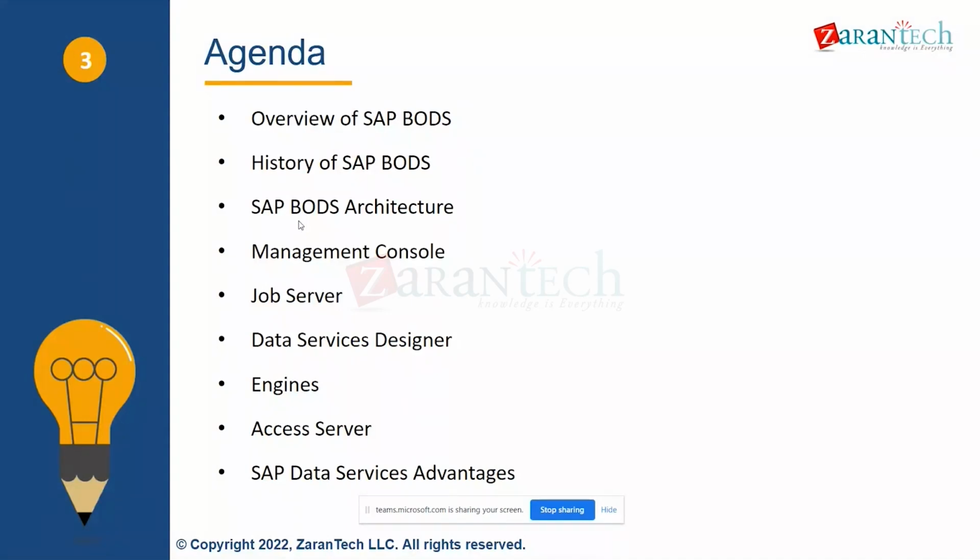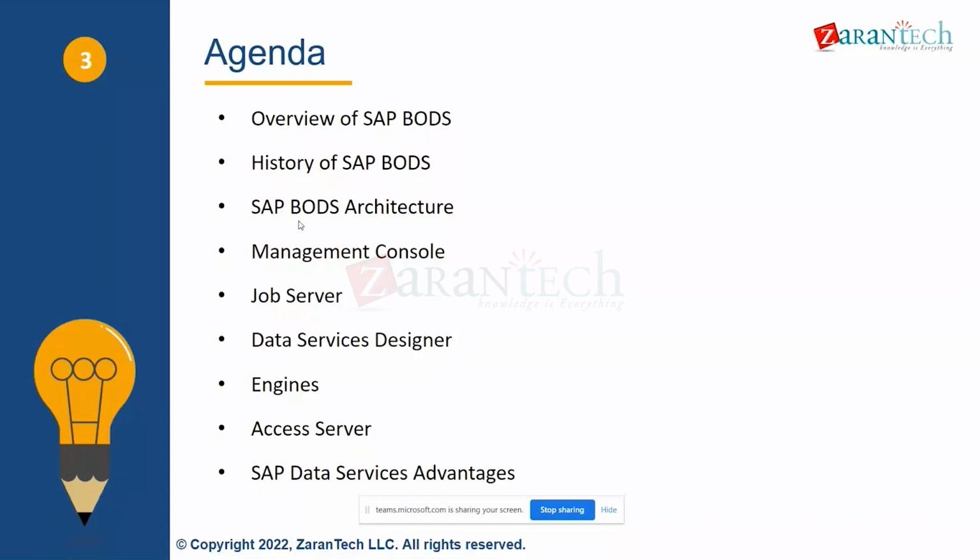It has a vast number of options where we can see the job running status, the scheduling of the jobs, and the jobs we have already implemented in the designer. In BODS there are two types of use: one for monitoring and one for development.